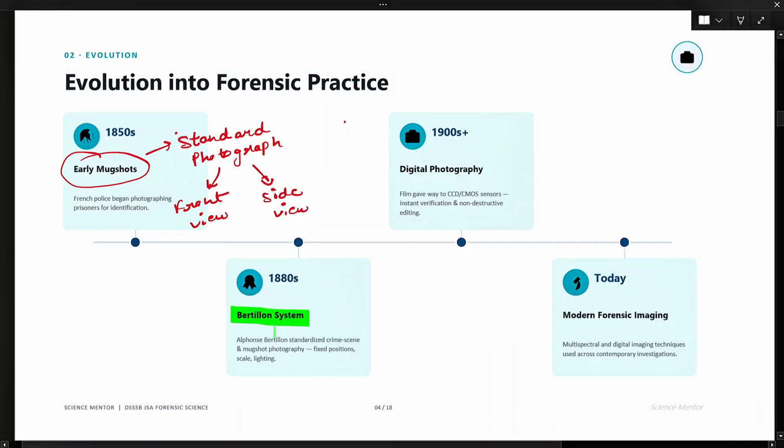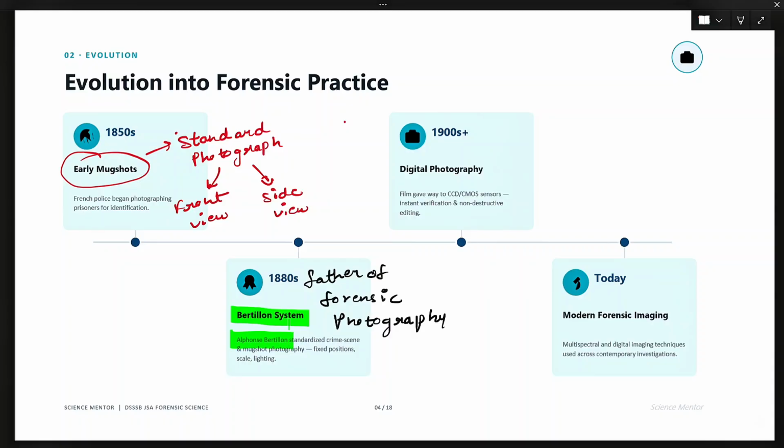He is widely known as the father of forensic photography, Alphonse Bertillon.